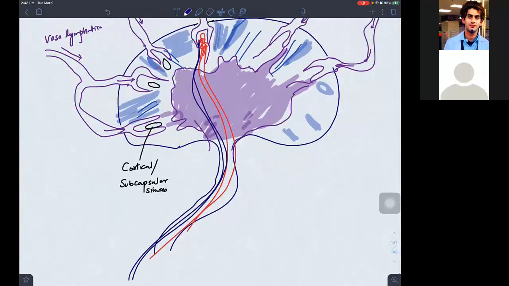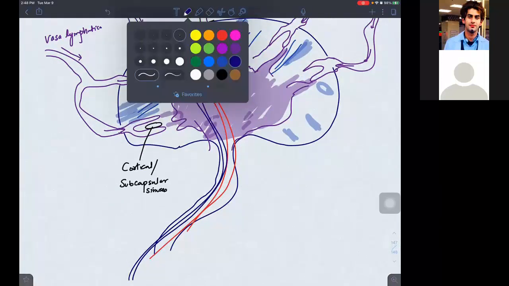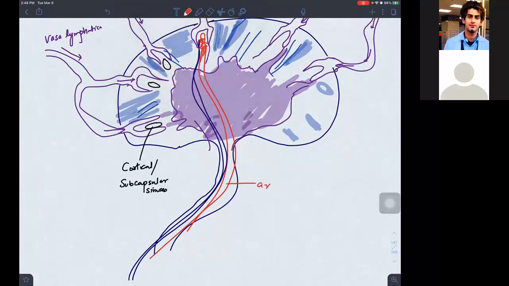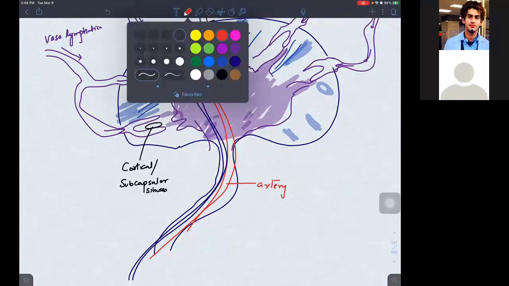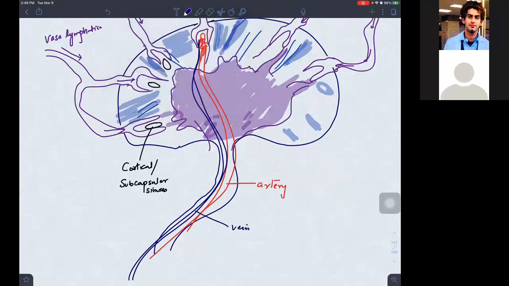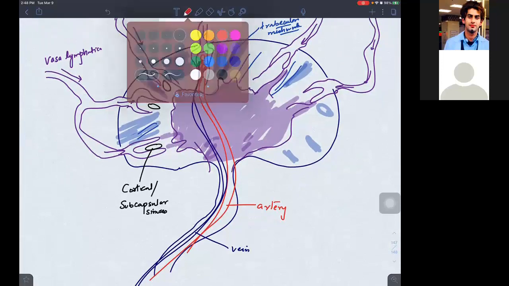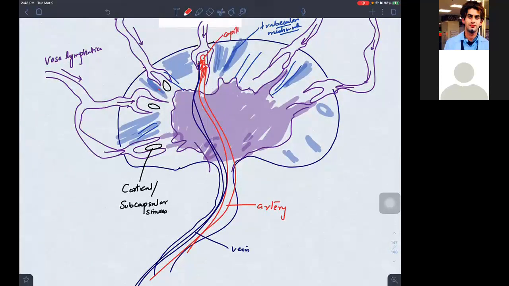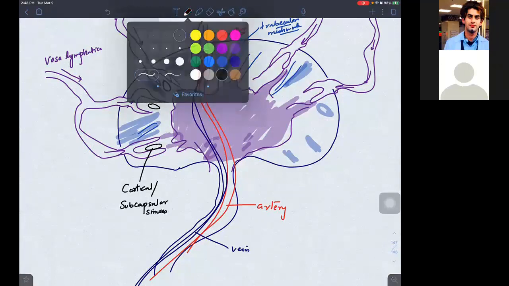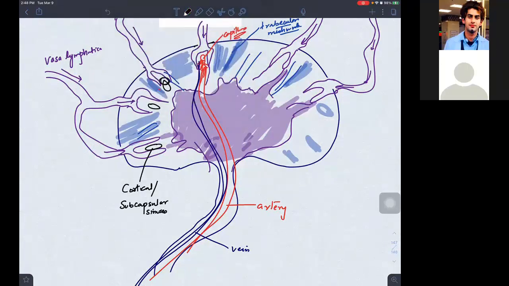So this is just a depiction of what we should know. This is the artery and this is the vein. And here you see the capillaries, your capillary mesh. What you have to see is that if I magnify this subcapsular cortical sinus, I will appreciate lymphocytes and capsule.